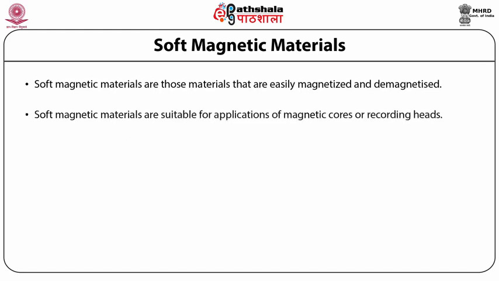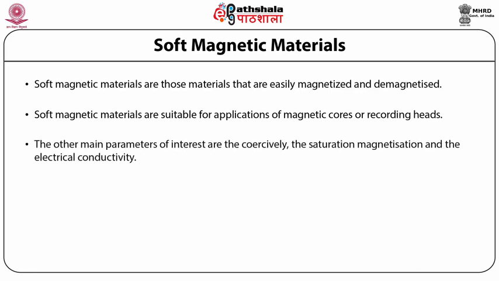Soft magnetic materials are suitable for applications of magnetic cores or recording heads. The main parameter often used as a figure of merit for soft magnetic materials is the relative permeability μr, where μr is equal to B over μ0 H. It is a measure of how readily the material responds to the applied magnetic field.